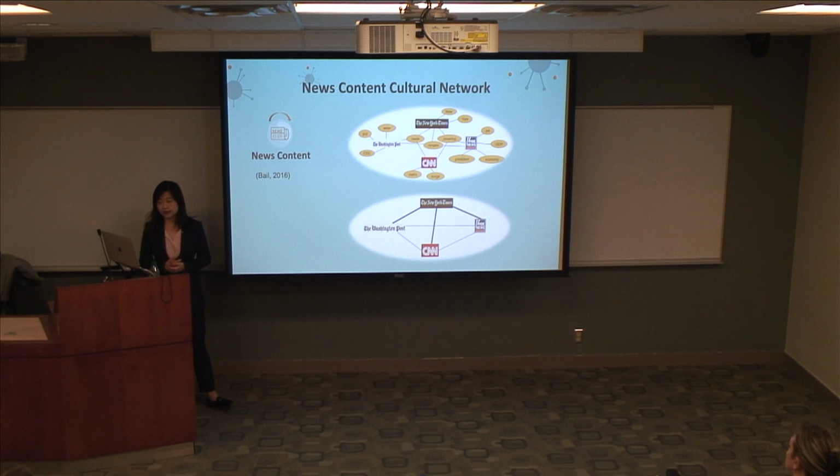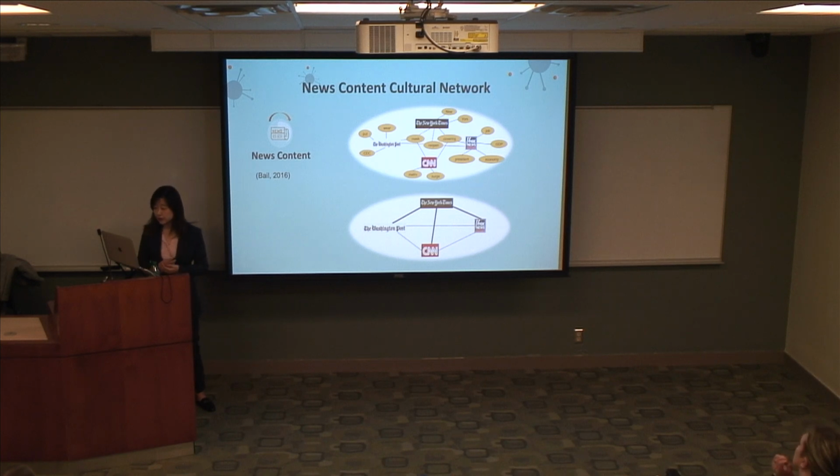The first network is within the news content sector. Monge used cultural networks to refer to this type of network. In the upper figure, this hypothetical example, we have two types of nodes. The rectangles represent news media. The circles represent the words used by news media.